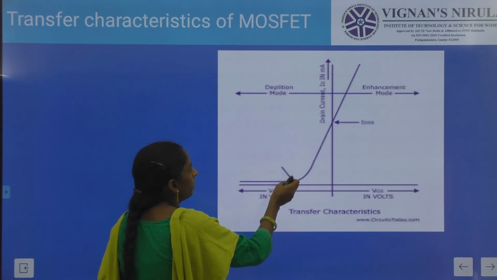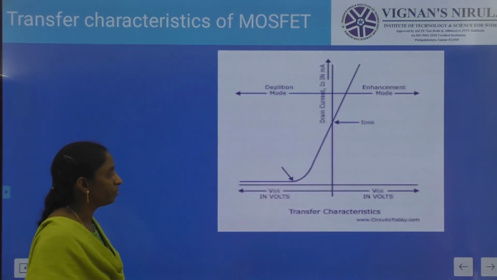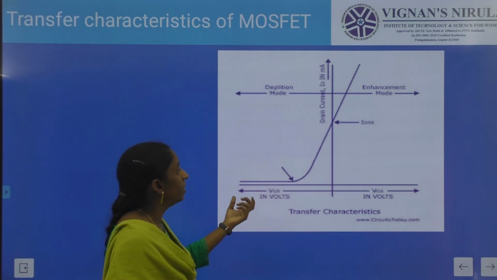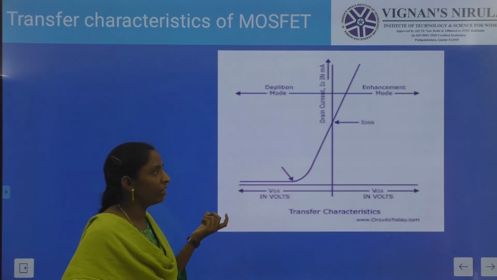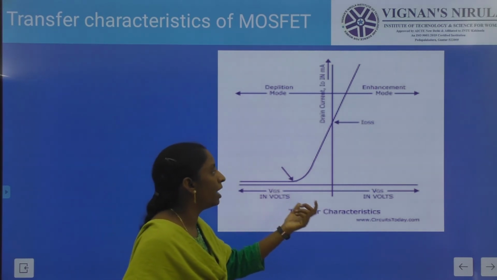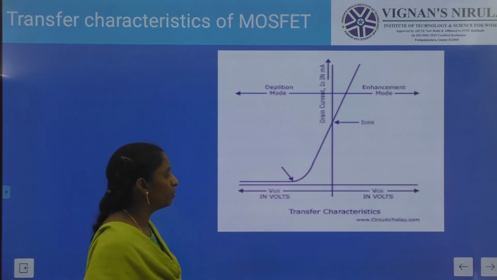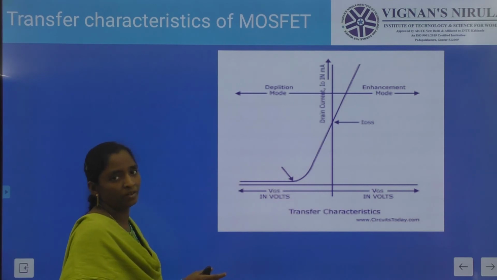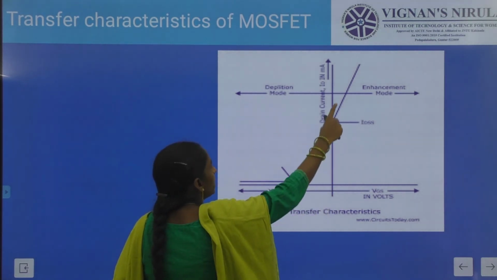If VGS is low, meaning we are applying negative voltage, the field effect transistor operates in depletion mode, and VGS high means the transistor operates in enhancement mode. This is the transfer characteristics for an N-channel MOSFET. For positive VGS, IDS is high.